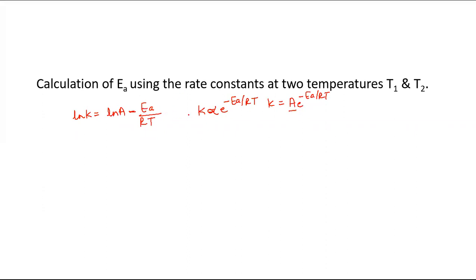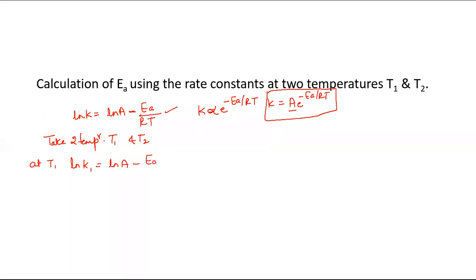Okay, from this it comes like this. The initial equation is this. From this we got this equation. Now we'll begin with this. Now take two temperature variables, that is T1 and T2. This is the initial and this is the final temperature. So at T1, the equation will be ln K1 is equal to ln A, since it is a constant, minus EA divided by R times 1 by T1.